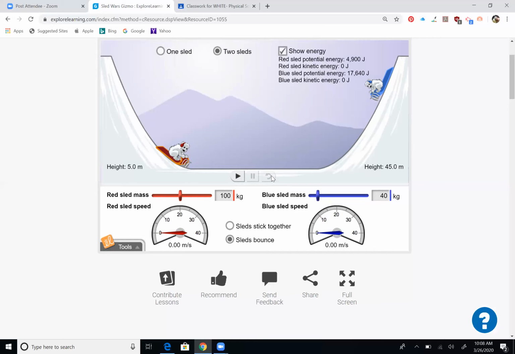Oh wait, I need to hit play, and right before they hit, the red potential energy is 0. The red kinetic energy is 4,900 joules. Blue potential energy is 0. Blue kinetic energy is 17,650 joules.